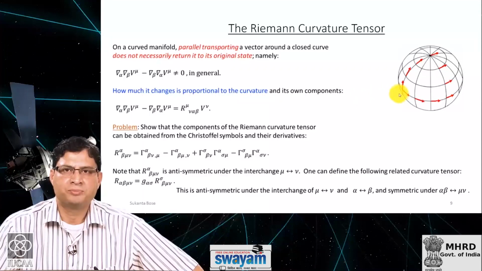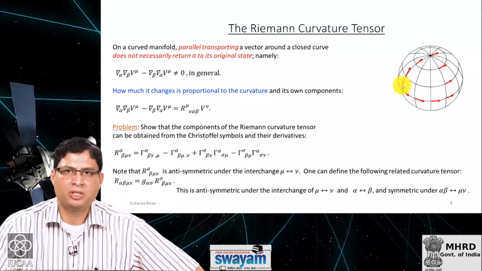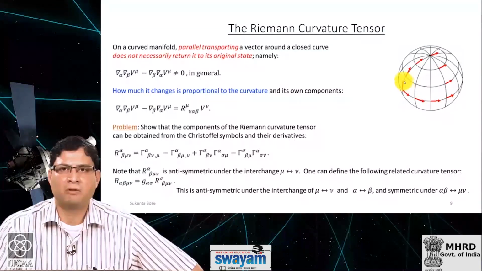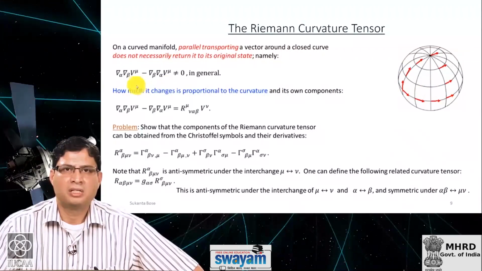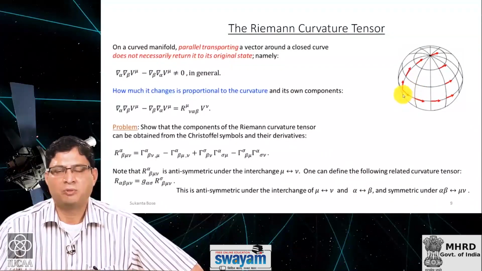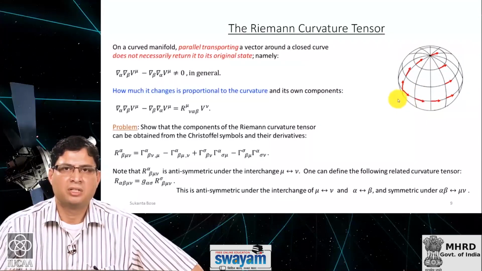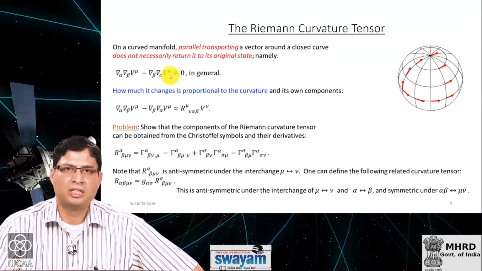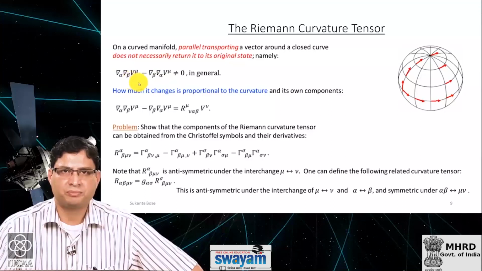What you can show is that transporting your vector along the first side of the parallelogram and then the second side is like the action of these two covariant derivatives on the vector, and then parallel transporting your vector back down the third side and then the fourth side is like these two derivatives but in reverse.